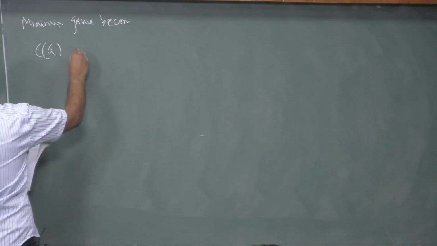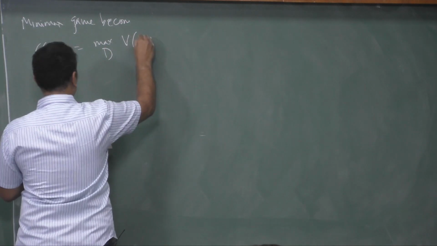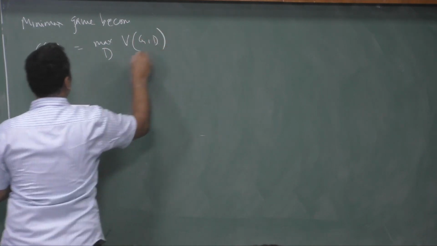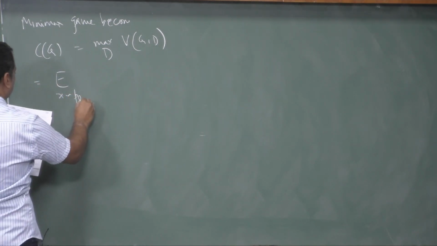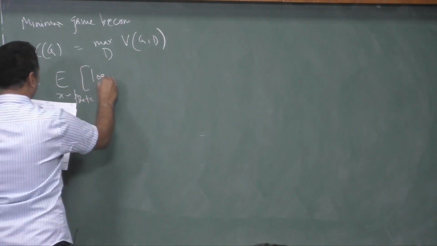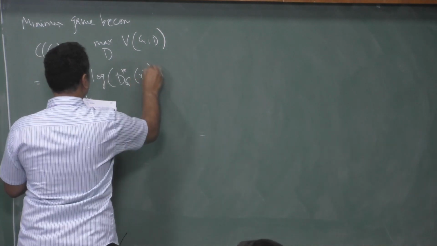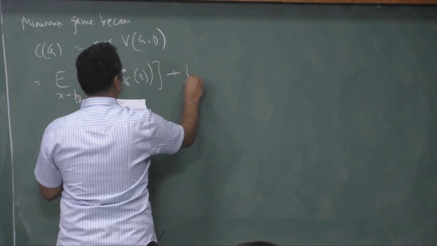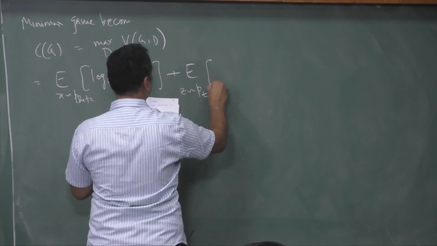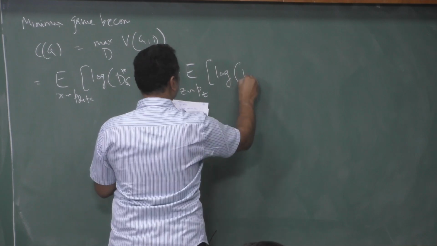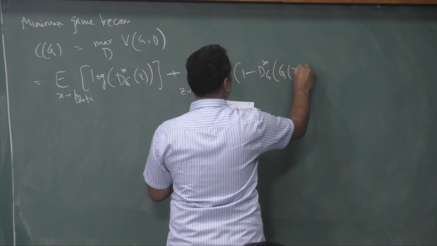Okay, so this is max over D of VGD, and we have maximized this for expectation x following p data, log of D star x, plus expectation z following pz, log of 1 minus D star of G z.